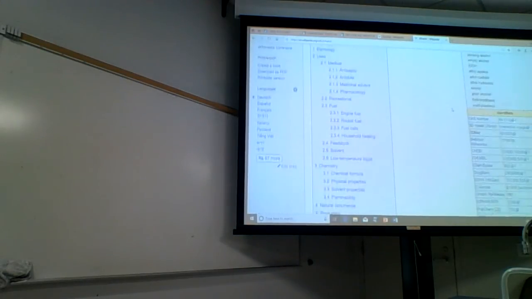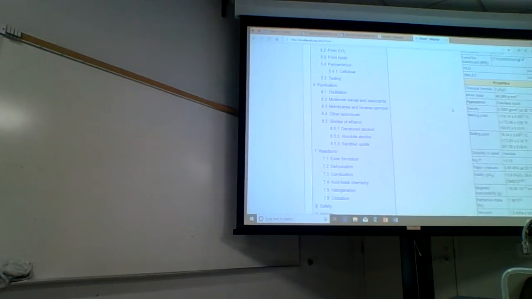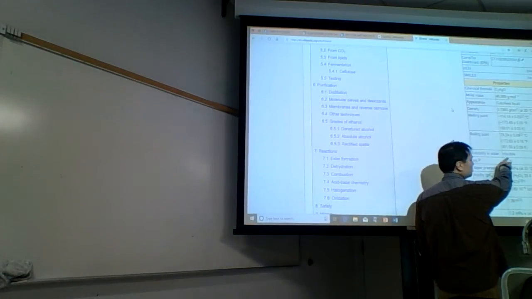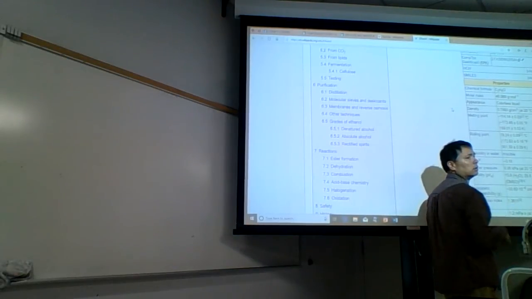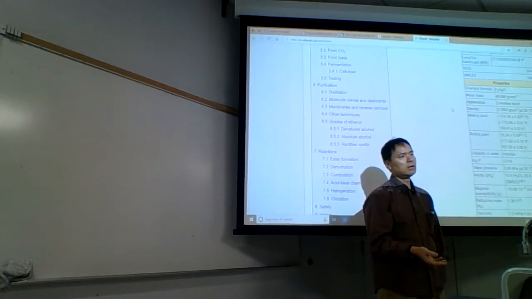Let's take a look at the solubility of ethanol. When you look at the solubility of ethanol in water, it says it's miscible. So what does miscible mean? It means it's infinitely soluble. It means there's no limit to how much ethanol.